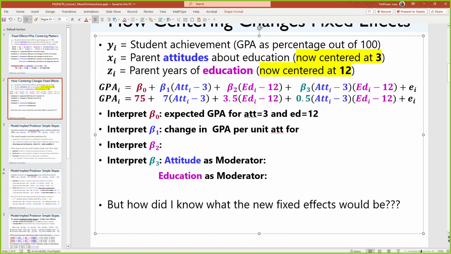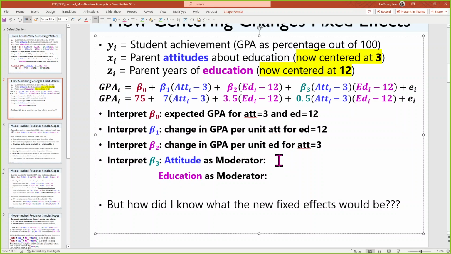For education equals 12. That's right. There we go. Likewise, change in GPA per unit education for, yep, 3 for 3 with meaningful effects at this point. Now, does beta 3 change?